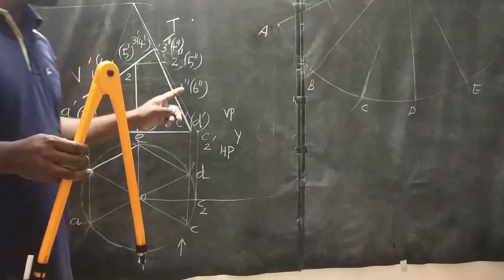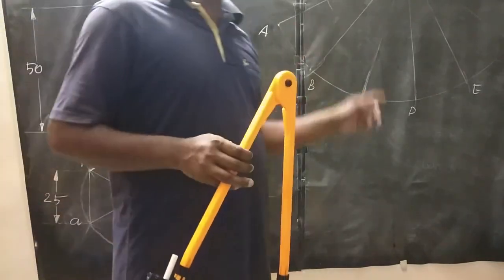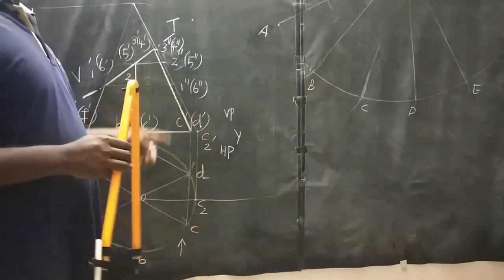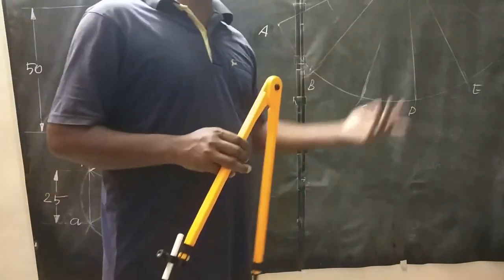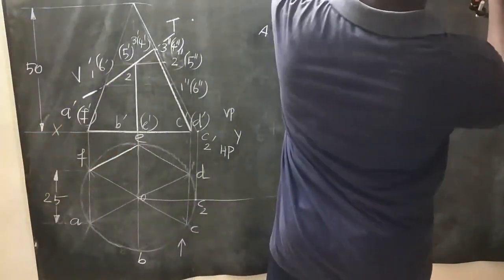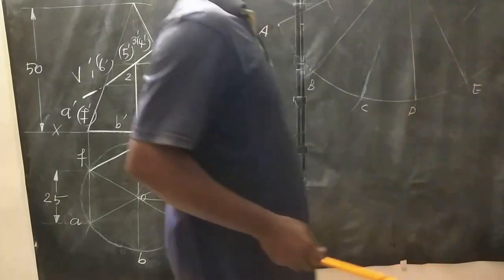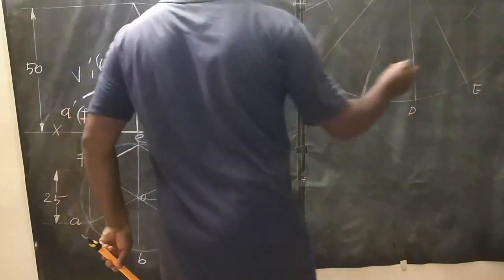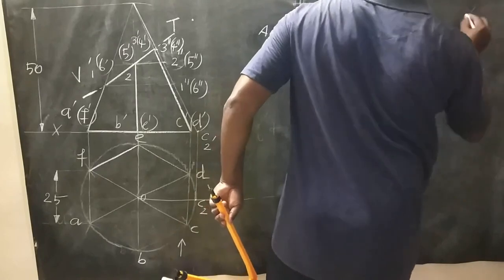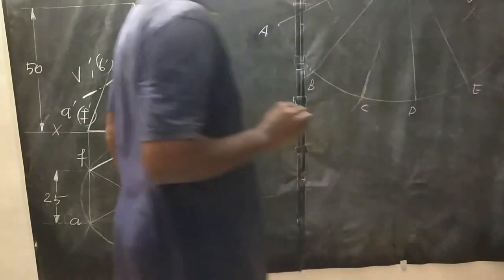See here, point 1 is located on the AO slant edge. Point number 6 is located on the OF slant edge. Now O is center, then draw one arc on this OF slant edge. This point is called 1. This point is called 6.